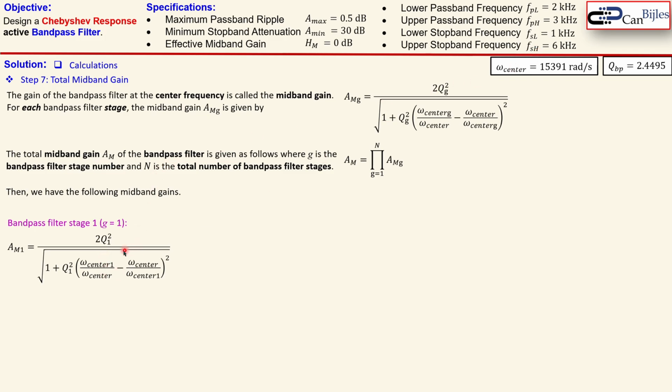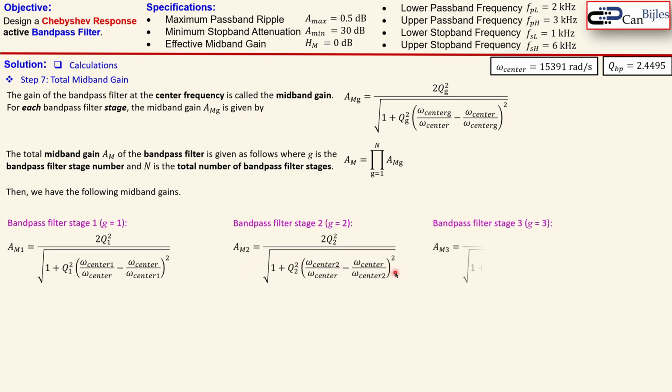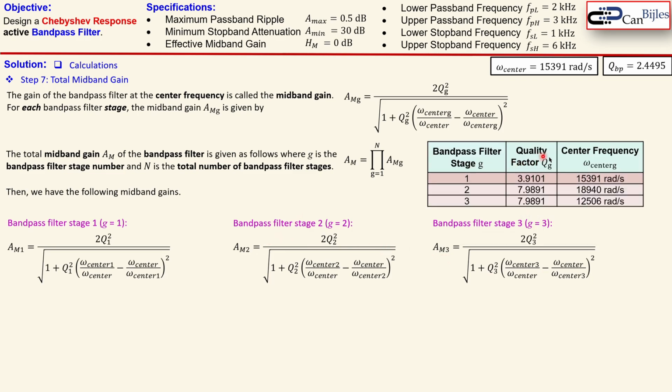We can also do that for stage 2 in a simple form, just change the indexes, and stage 3. We will see that the AM2 for stage 2 and the AM3 for stage 3 will be exactly the same. These are the values we have determined for the quality factor and center frequency for each stage. You can see that the quality factors are exactly the same, only the center frequencies are different for stage 2 and 3.